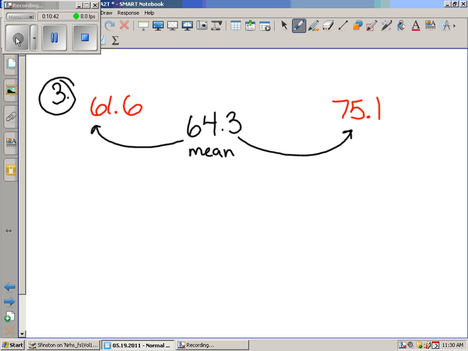Okay. So this is minus 2.7 below, and this is plus 10.8. Sorry about that. This is 10.8. How much is each standard deviation?